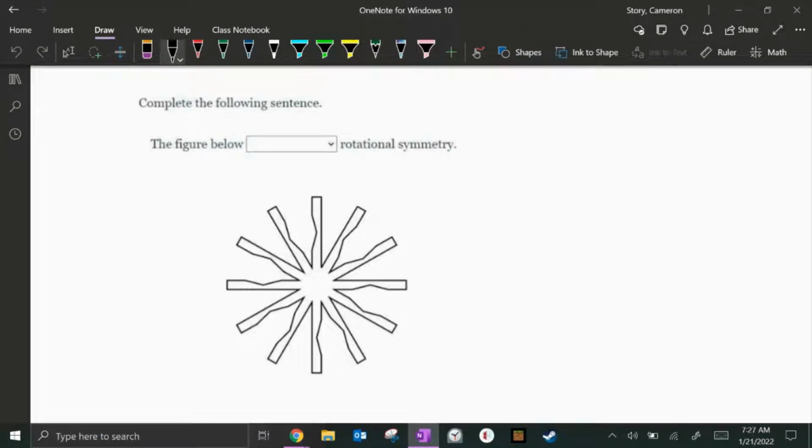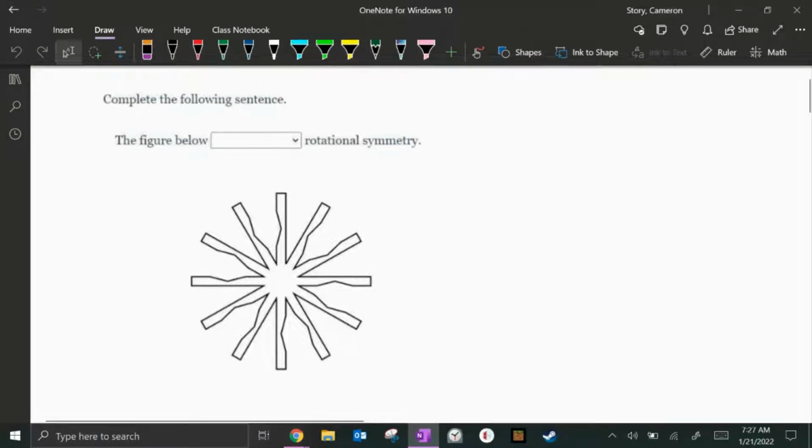Okay, it says complete the following sentence. This either is has or does not have. So for all of these problems, you're going to have to choose one of those two options.